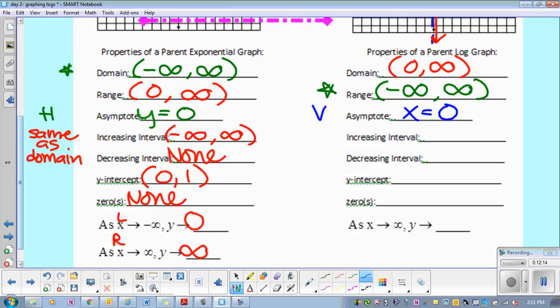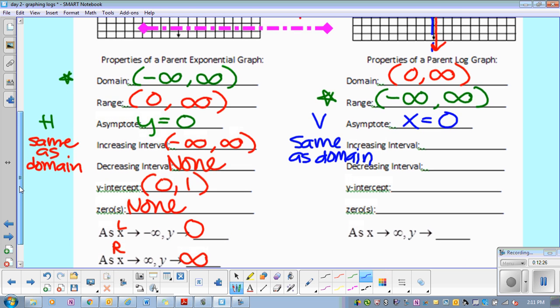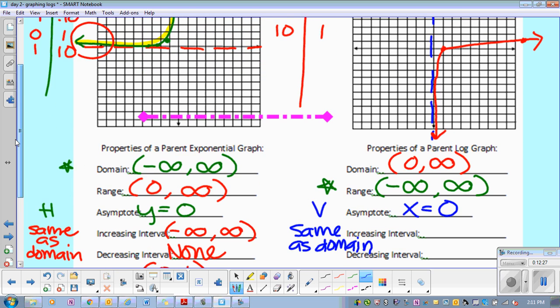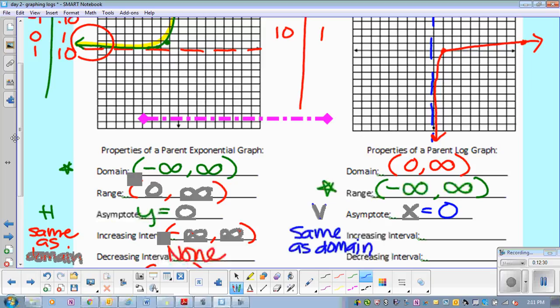Okay? Now let's talk about the increasing and decreasing intervals. This is going to be the same as your domain. Because that's just always the case with those, okay? If you have an increasing or decreasing, it's going to be the same as your domain. So let's look at this one.